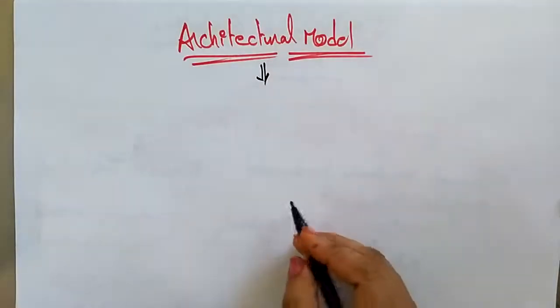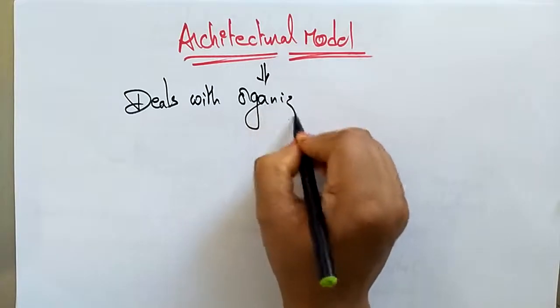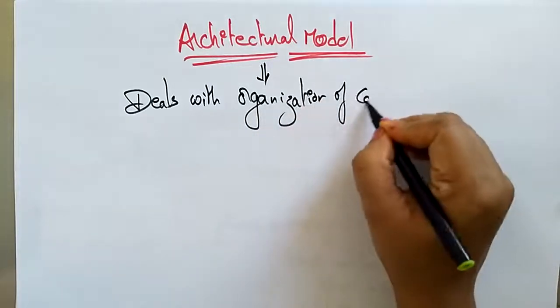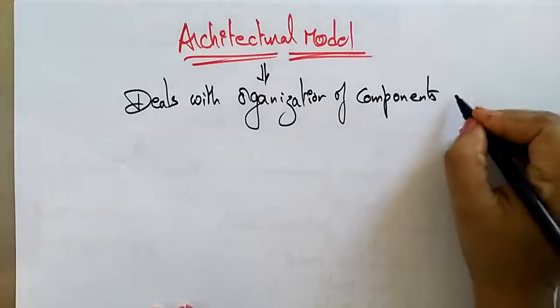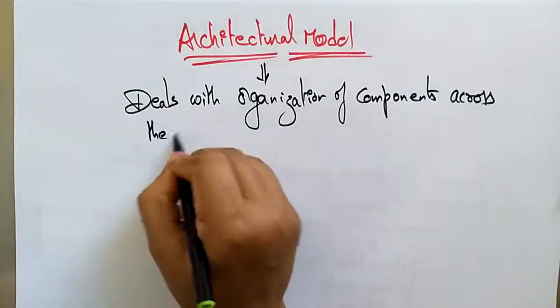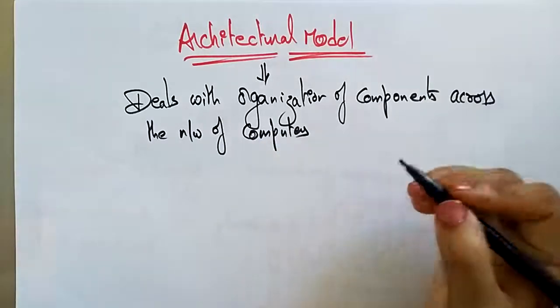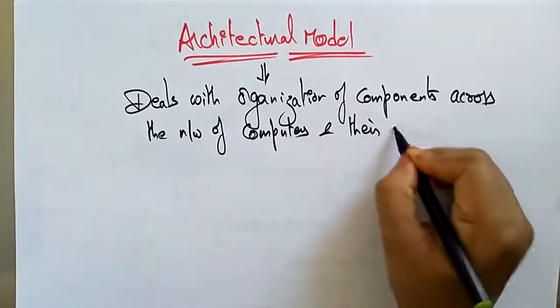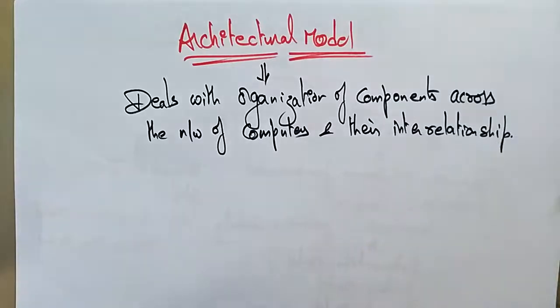The architectural model deals with the organization of components across the network of computers and their interrelationship.